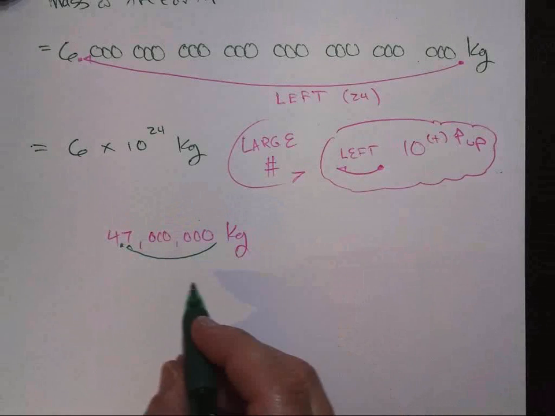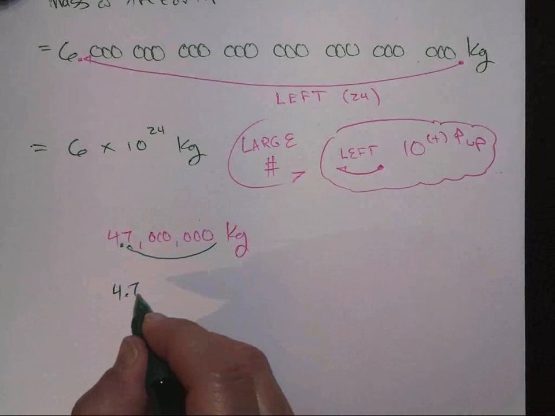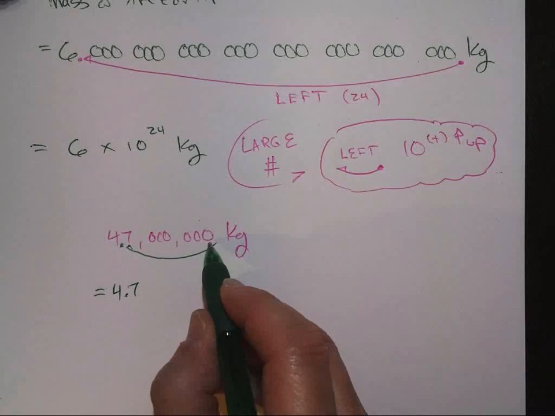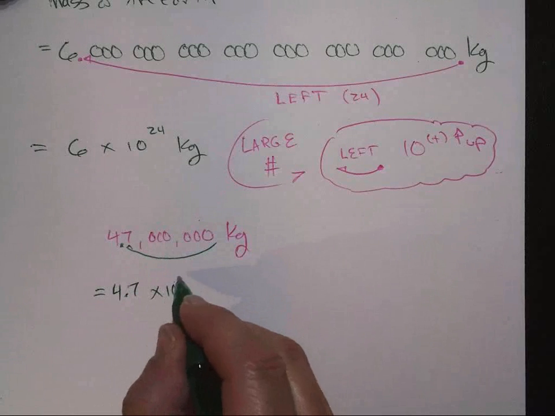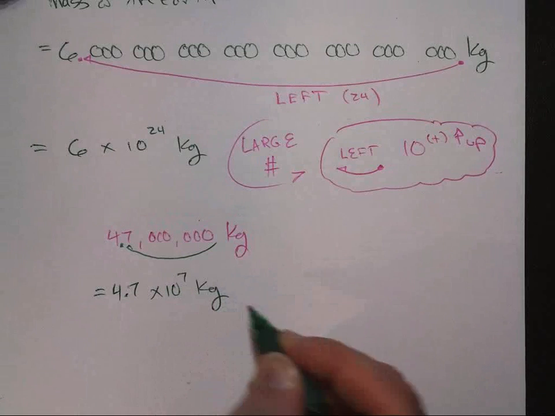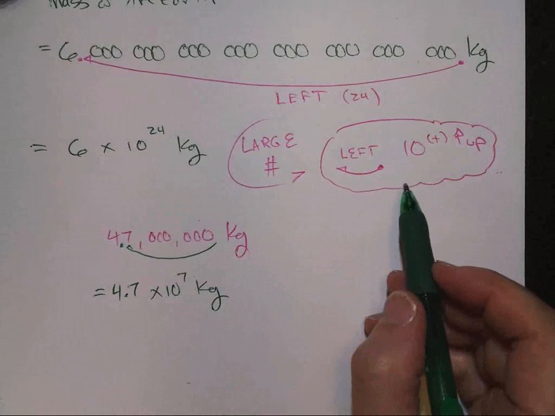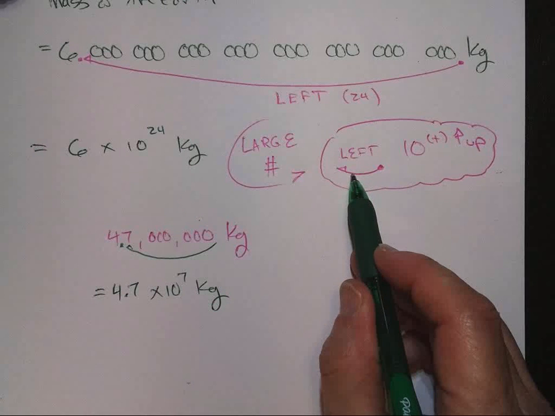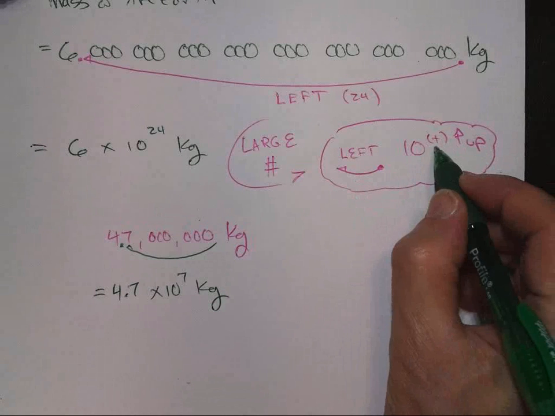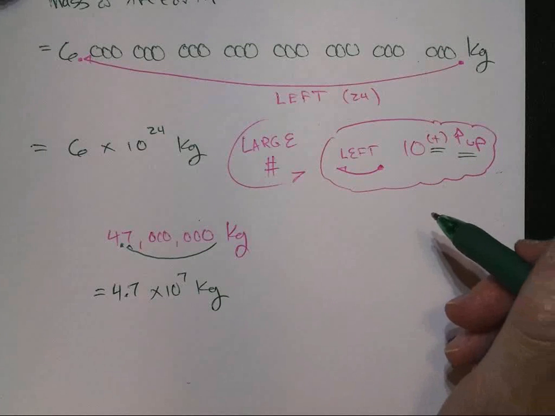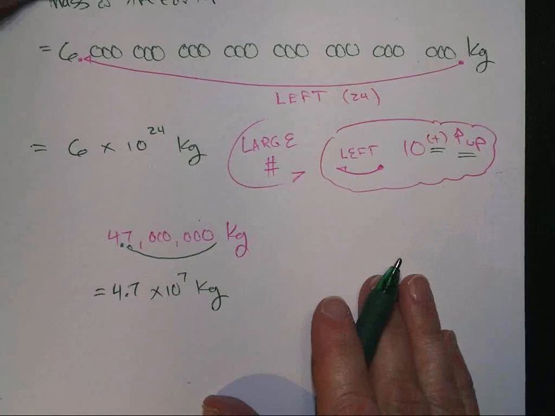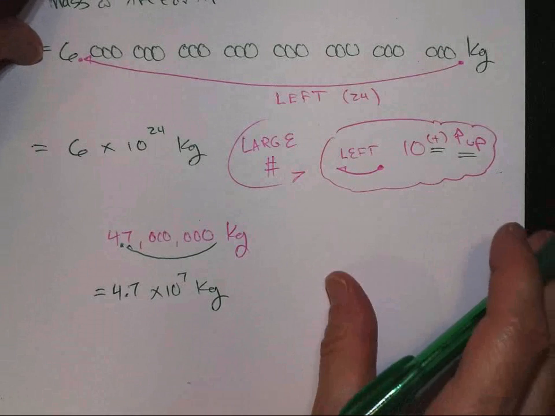We're going to count, and then you're going to have 4.7, and you move it 1, 2, 3, 4, 5, 6, 7 times 10 to the 7th kilogram. So again, if it's a large number, the decimal point gets moved to the left, the power of 10 is positive, and you raise it by how many places you move to the left. Simple.